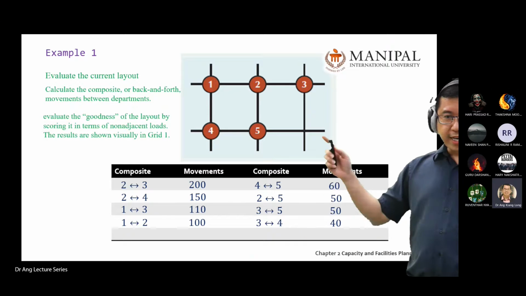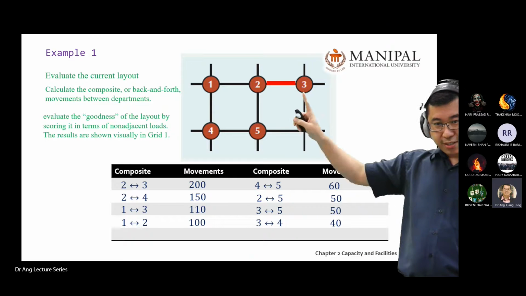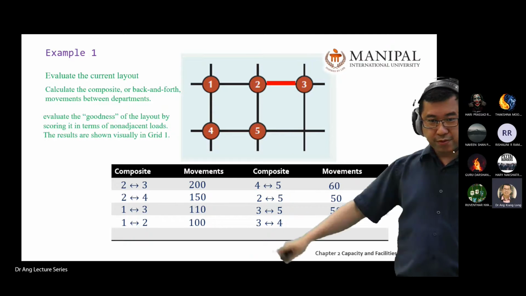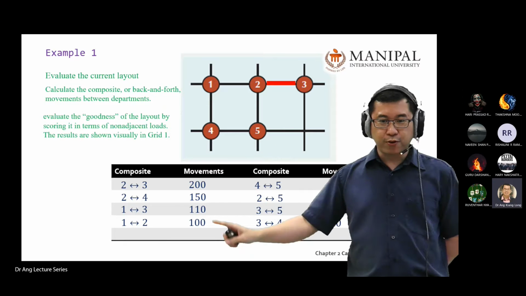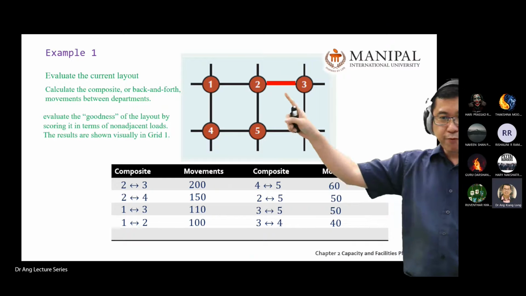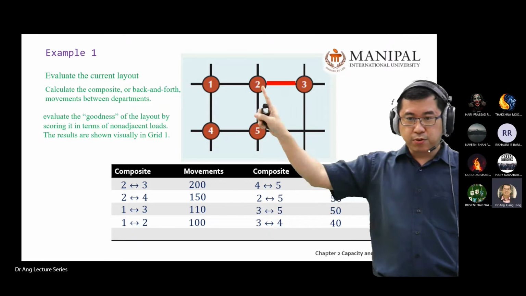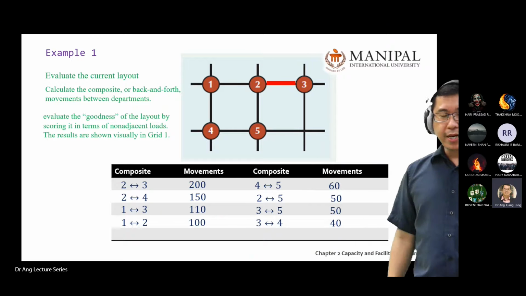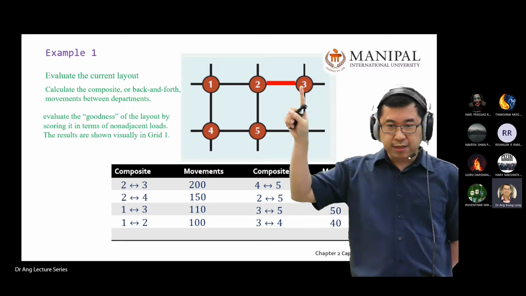Do you see the red color I put there? 2, 3, 3, 2. I draw based on the table. The highest one, I go and focus first. So for example, this table 2, 3, 200, I go and focus on the original setting. 2, 3, I draw a red arrow. Or maybe in the test, you can use a highlighter pen to highlight.